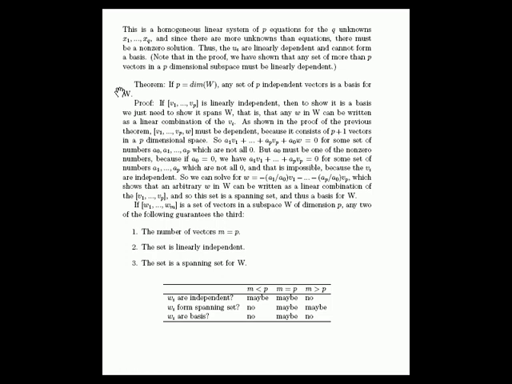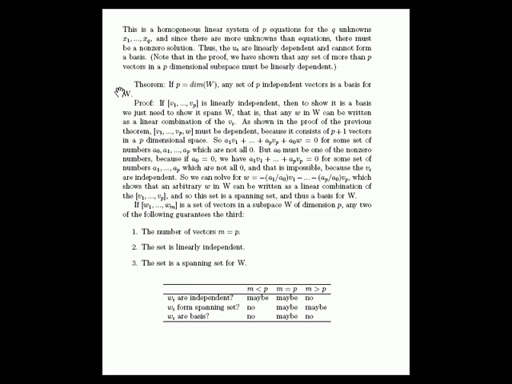Okay, here's another theorem that we're not going to prove. Well, the proof is on this document, but it says that any set of p independent vectors is a basis for a subspace of dimension p. One example of a 10-dimensional subspace of R20 would be the set of all vectors whose last 10 components are 0, so only 10 components are non-zero.